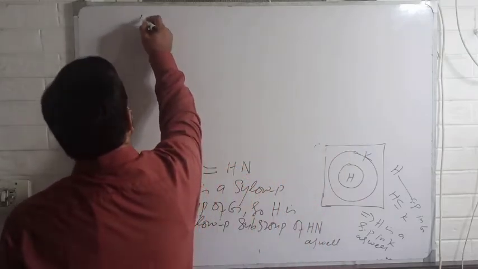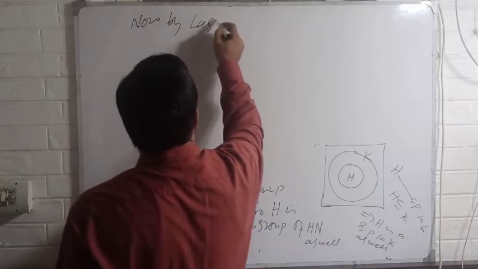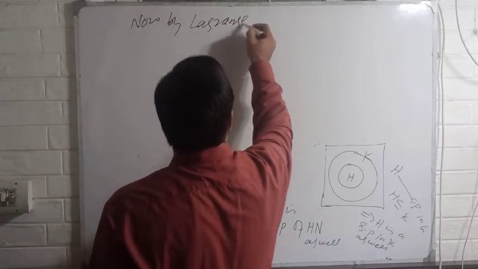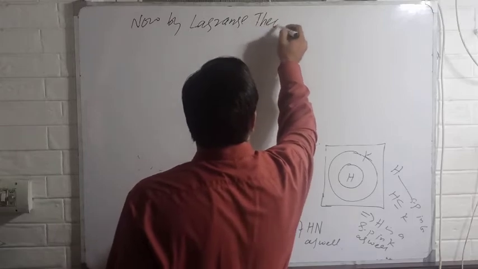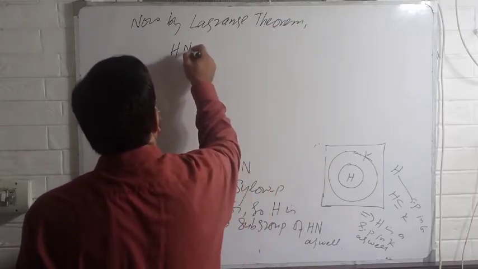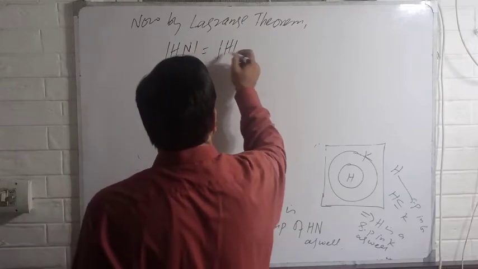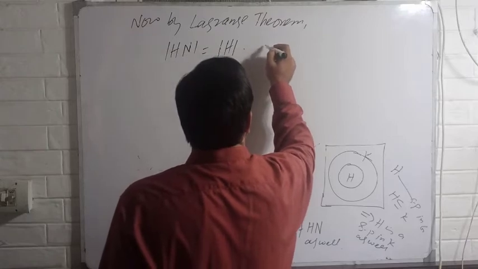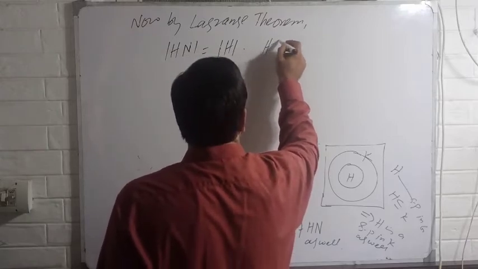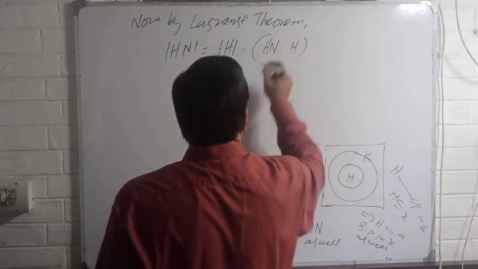Now by Lagrange theorem, the order of HN is equal to the order of H times the index of H in HN.